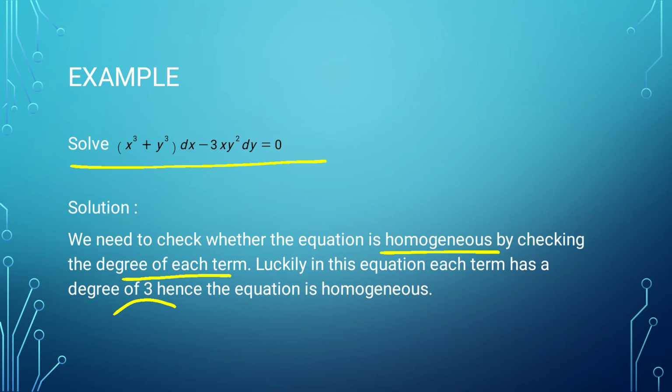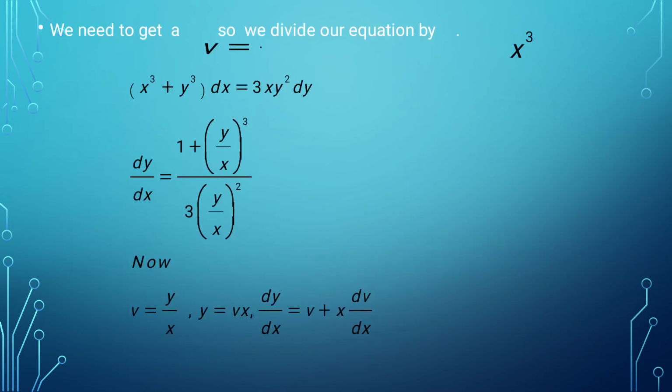Every term is of degree 3, and by that fact we say this equation qualifies to be a homogeneous equation. That's simply how you can test whether the DE is homogeneous: we're just looking at the degree of each term.